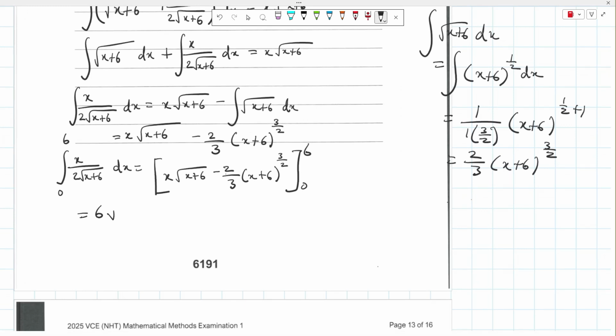So we get 6 times 6 plus 6, which is 12, minus 2 over 3 times 6 plus 6, which is also 12, to the power of 3 over 2, minus, now we plug in 0, so we just get negative 2 over 3 times 6 to the 3 over 2.